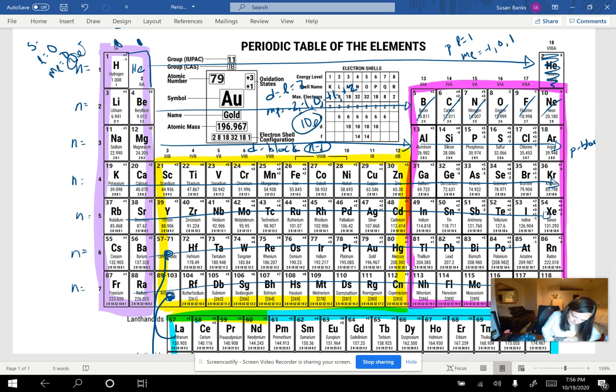So let's count across the D block. 1, 2, 3, 4, 5, 6, 7, 8, 9, 10. 10 electrons. So you're starting to see that the periodic table is actually designed to show us quantum mechanics. The periodic table is indeed a map of quantum mechanics here.